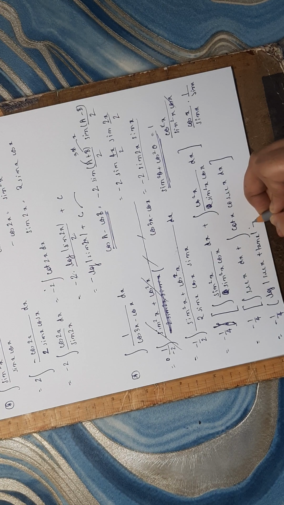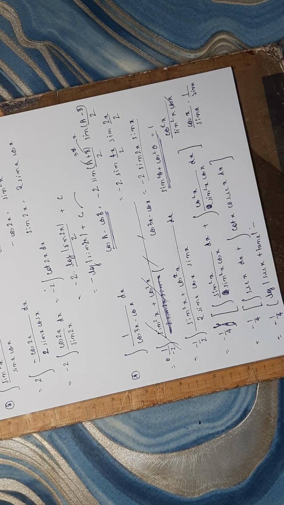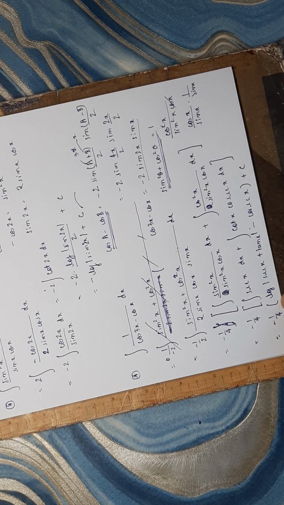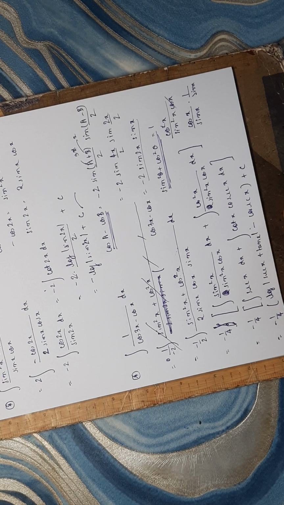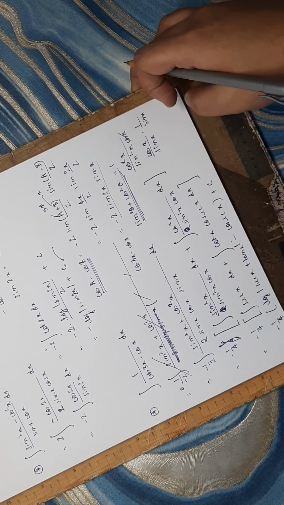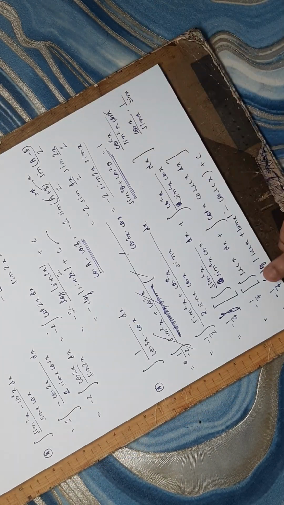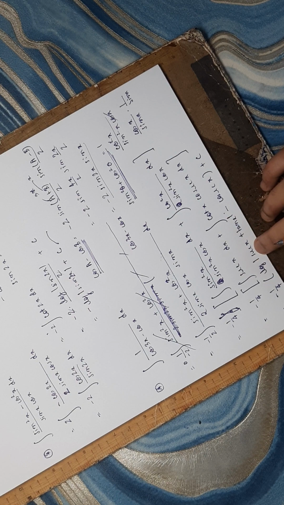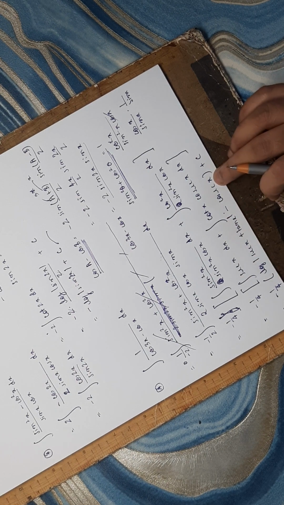This will be minus, because integration of cot x cosec x is nothing but minus cosec x plus c. So the final answer is minus 1 by 4 into log of mod of sec x plus tan x minus cosec x plus c.